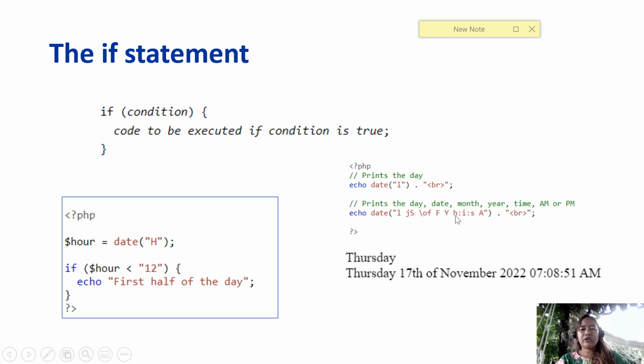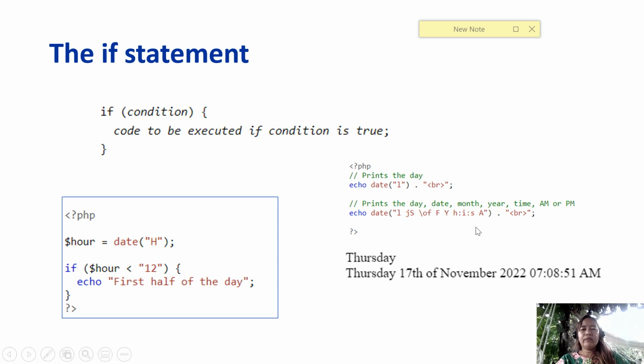And then you have H is the hour, so you have 07. I is the minutes, so you have 08. And then S, small letter s, is the seconds. And then followed by capital A that will display AM or PM depending on whether it is morning or afternoon.